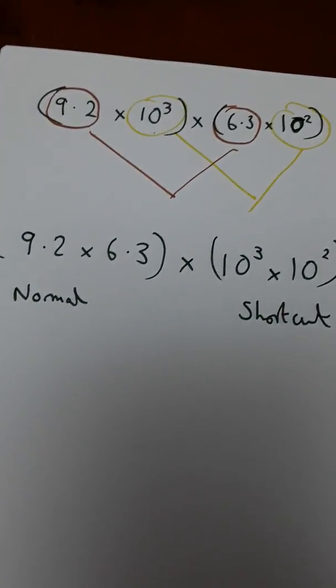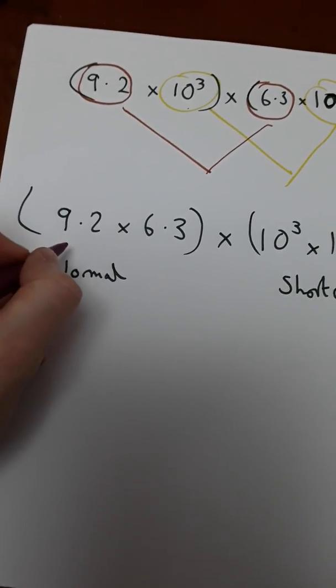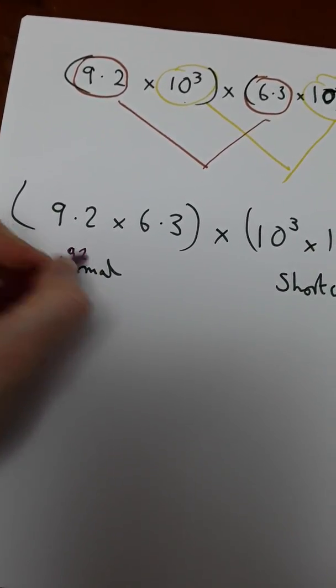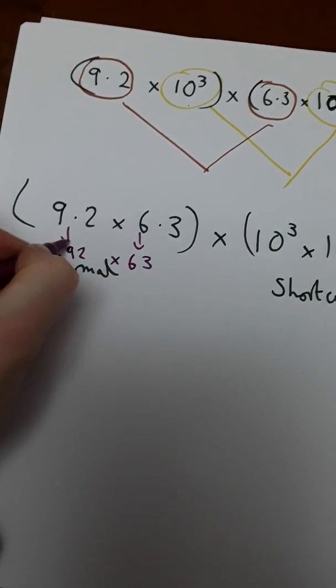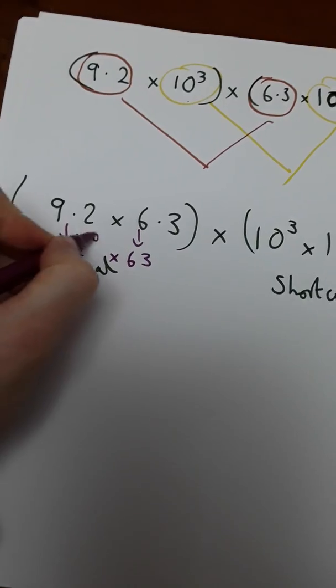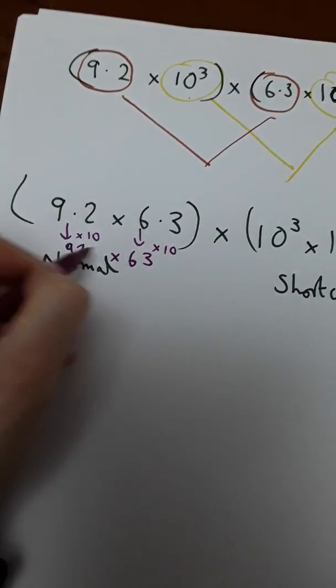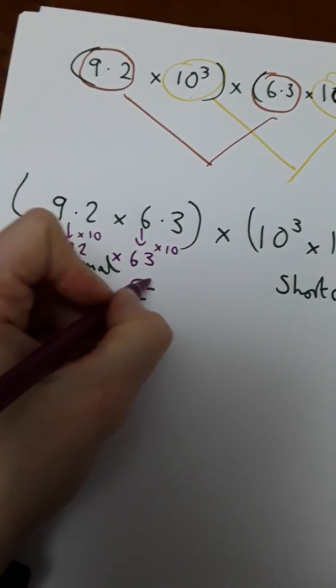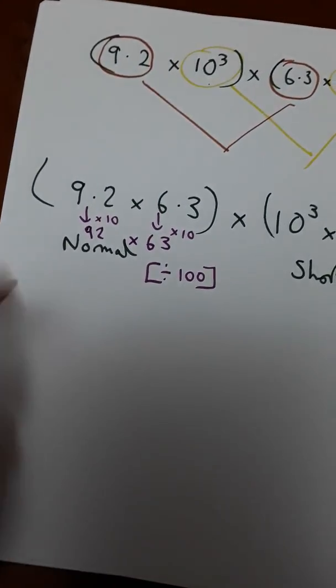So I'm going to have to work out, using my normal method, 9.2 times 6.3. So what I'm going to do is 92 times 63, and because I've multiplied this by 10 to get to here and this by 10 to get to here, I'm going to have to divide my answer by 100 to make up for my two manipulations.